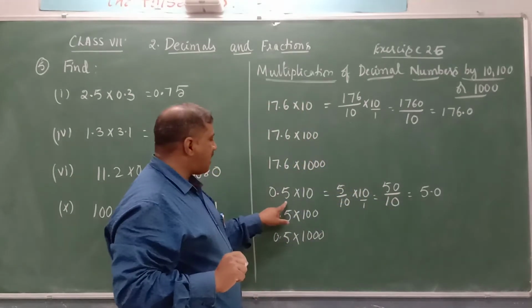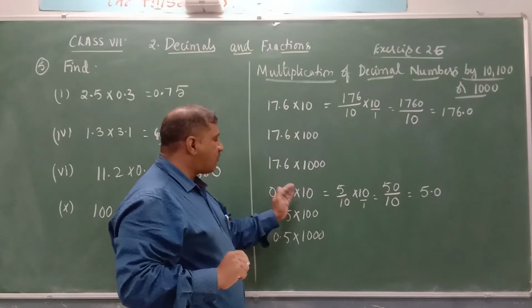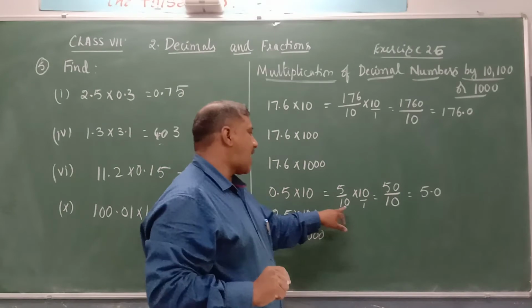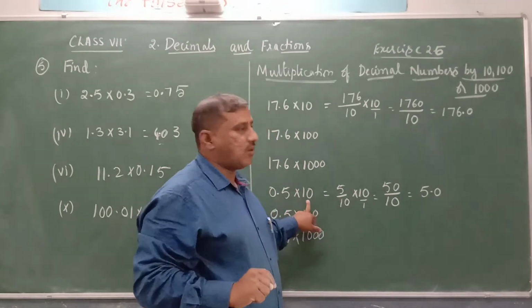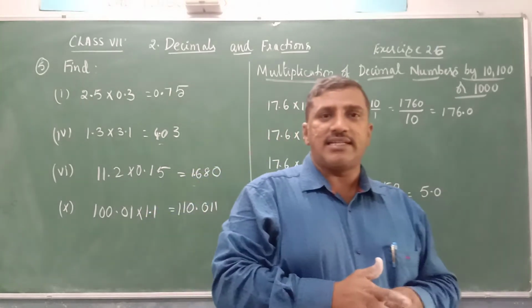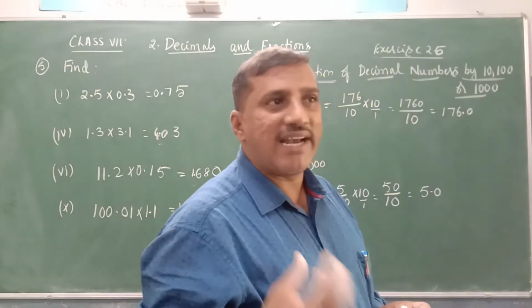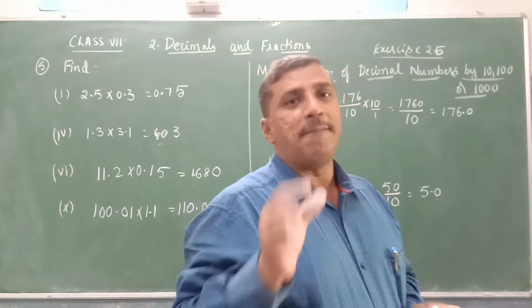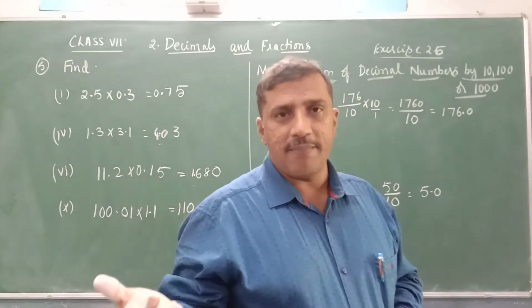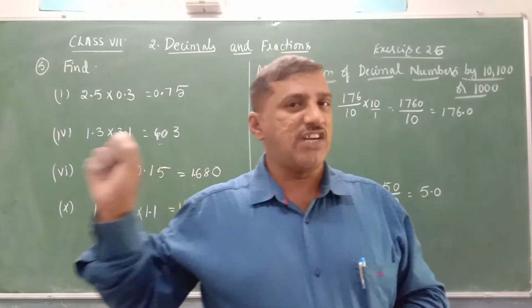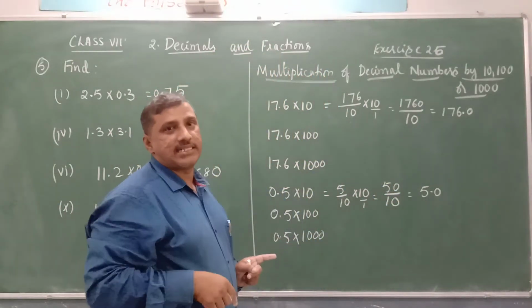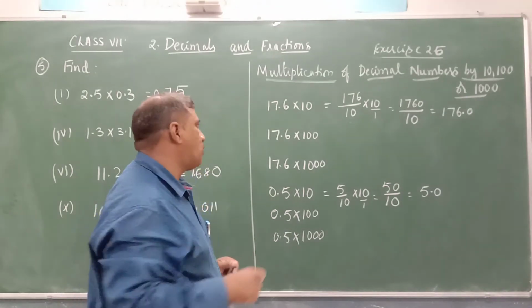So the decimal point is moved 1 digit from left to right, as 10 has 1 zero. So when we multiply with 10, the digits are the same, but the decimal point is shifted to the right by 1 digit as 10 contains 1 zero.